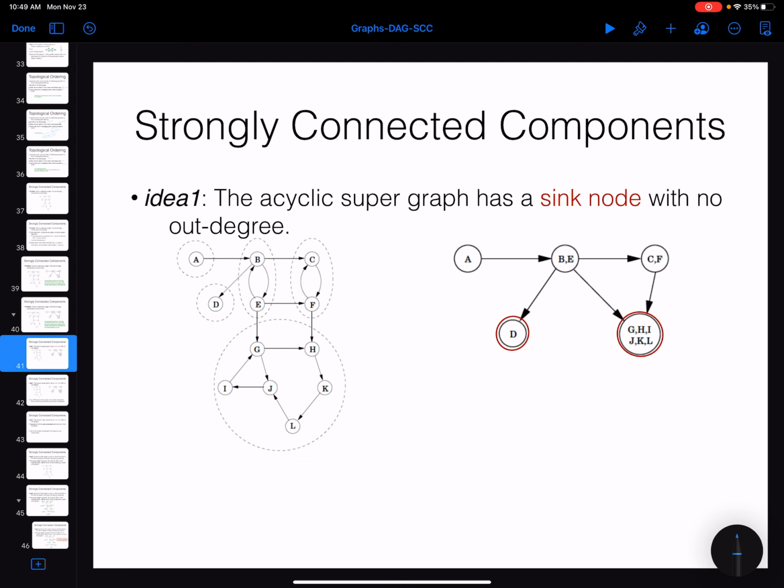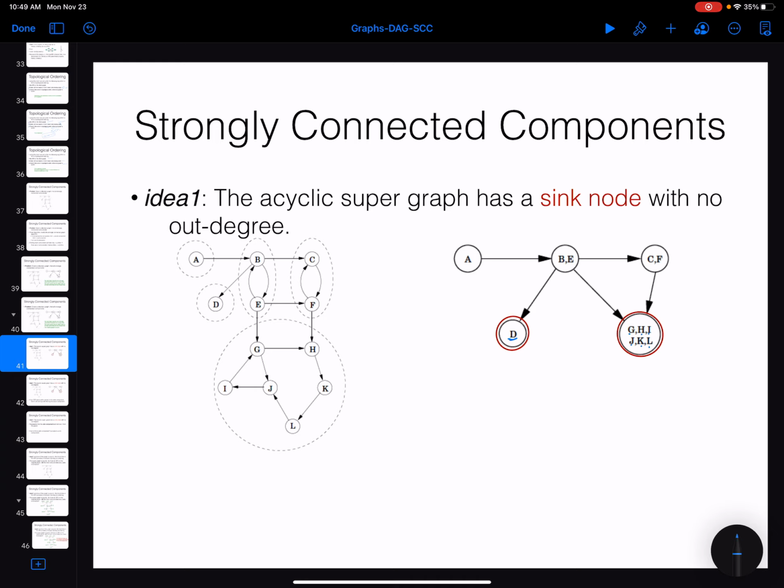So the idea here is that if I know the sink nodes in the supergraph, for example, I know that D is a part of a sink node in the supergraph. Or for example, G or H or I or J or K or L is a part of a sink node in the supergraph.